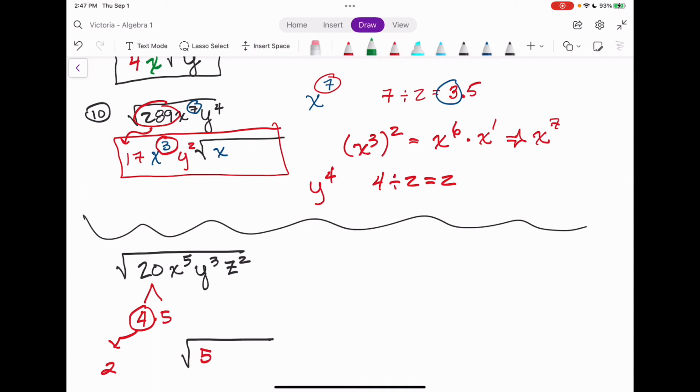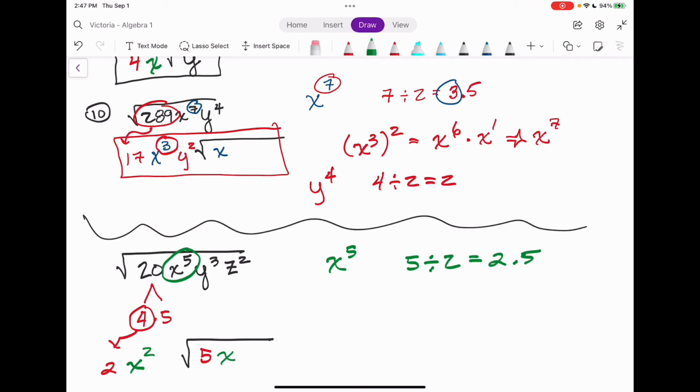So with the x's, I have x to the 5th. And so if I take 5 divided by 2, I know I'm going to have 2 with 1 left over, so 2.5. So I'm going to get x squared, and I have 1 x left over.